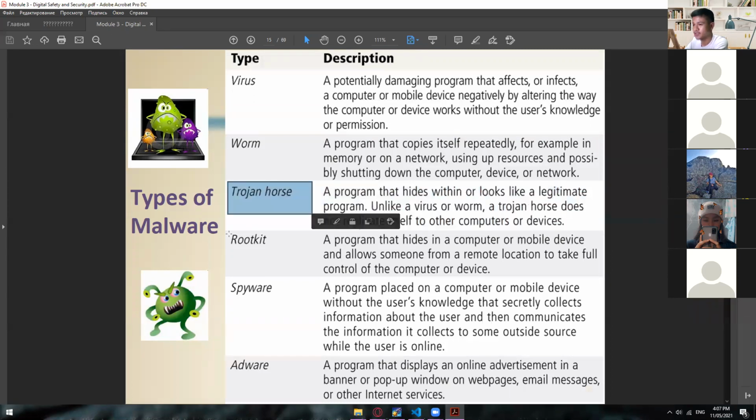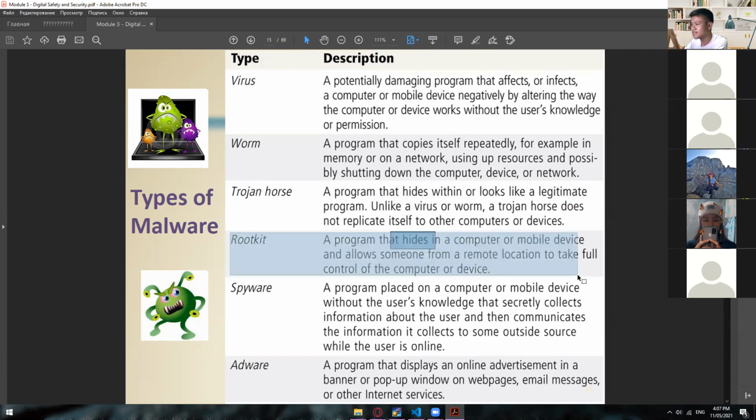Next one is the rootkit, which is similar to the Trojan horse, but this one can be detected. This one also hides, but it doesn't act as a legitimate program, so it can be removed easily if you have a legit antivirus. Rootkit is mostly used by crackers, because they can easily control or gain access to your computer if they've successfully installed a rootkit.